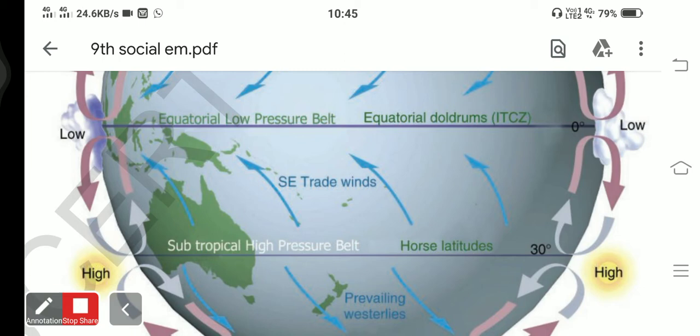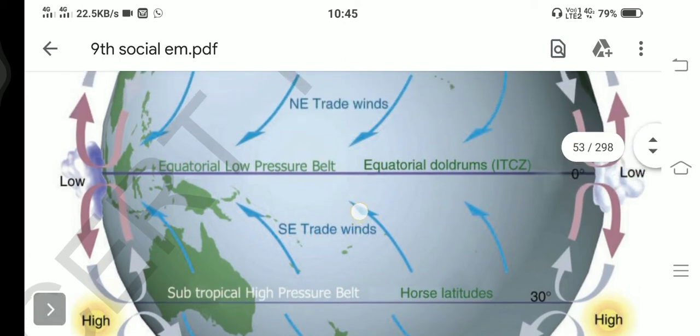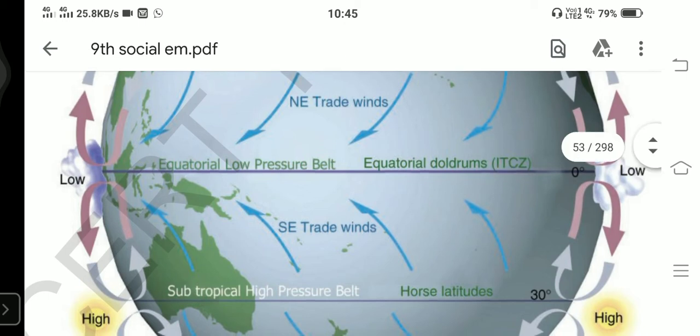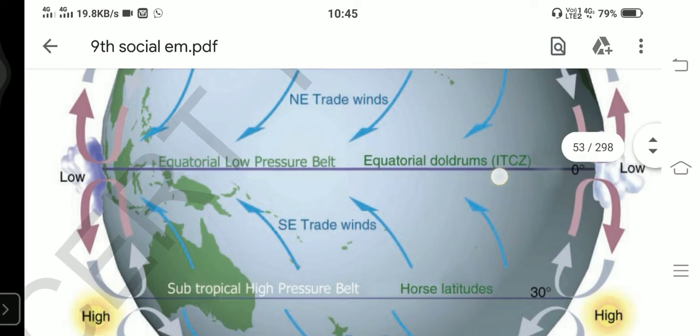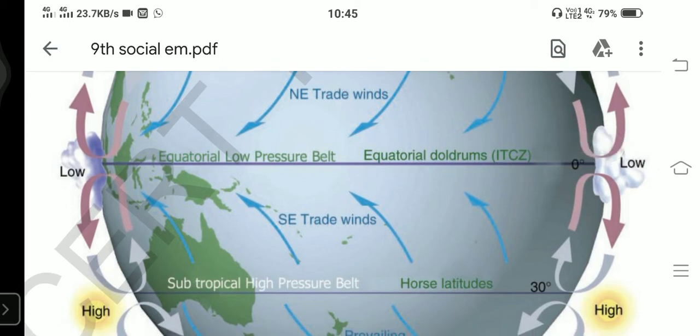So southeast trade winds, after crossing the equator, become the southwest monsoon as a result of the Coriolis effect. Due to the earth's rotation, a force is generated that is called the Coriolis effect, right? So this Coriolis effect deflects southeast trade winds, when they cross the equator, into the southwest direction.